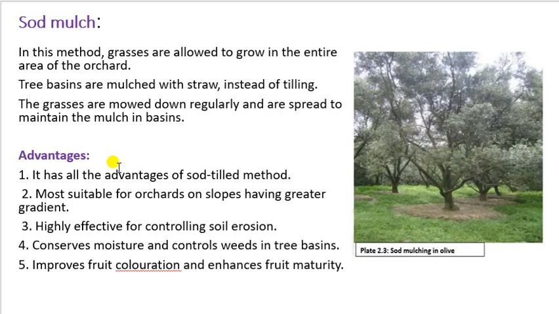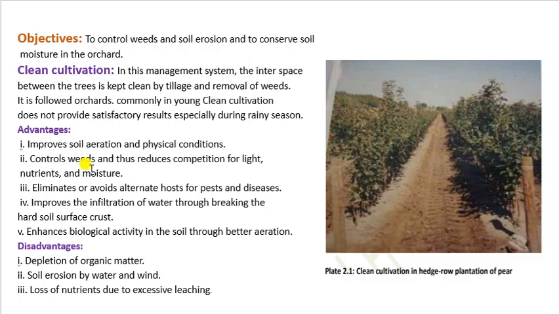Here are some advantages of clean cultivation. It improves the soil aeration and physical condition of the soil. It will control the weed and thus reduce the competition for light, nutrients and moisture. It will eliminate or avoid the alternate host of pests and diseases. It will improve the infiltration of water through breaking the hard soil surface crust.